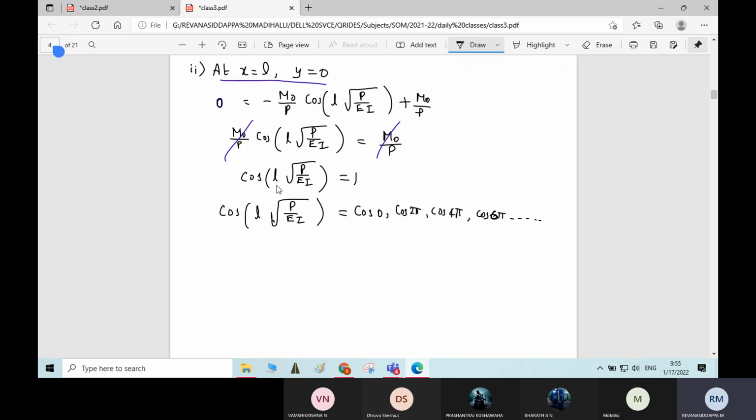Therefore L root p by EI must be equal to some such constant.